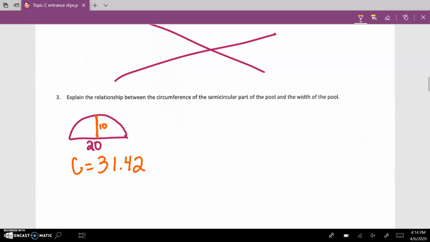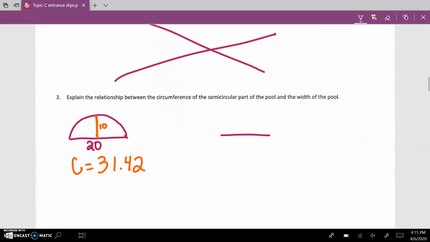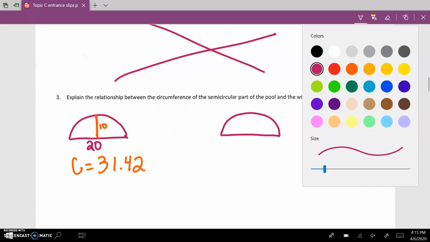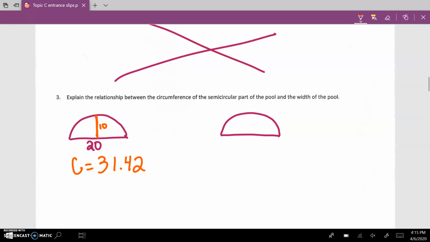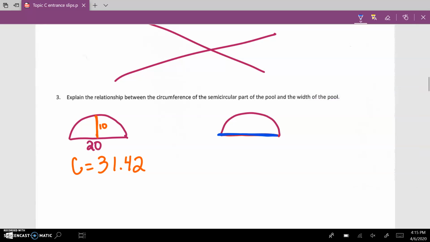They want to know how it relates to the width of the pool. If I redraw my semicircle over here and put a rectangle around it, we know the bottom part was 20, so if I did the same thing on the top, this would be 20.